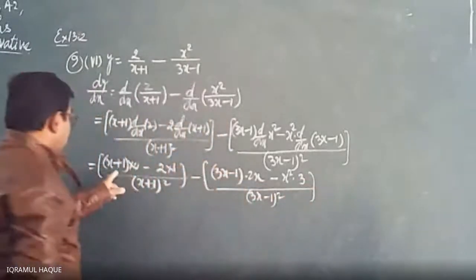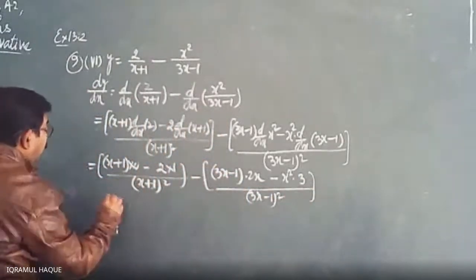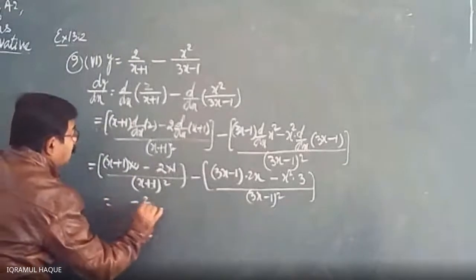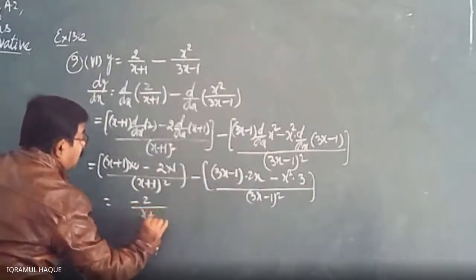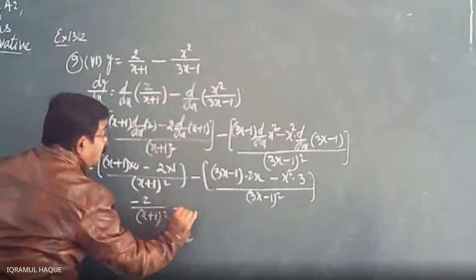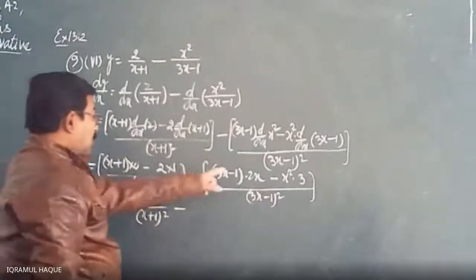To simplify this, this becomes 0. We have minus 2 upon x plus 1 whole square minus, see, multiply this.